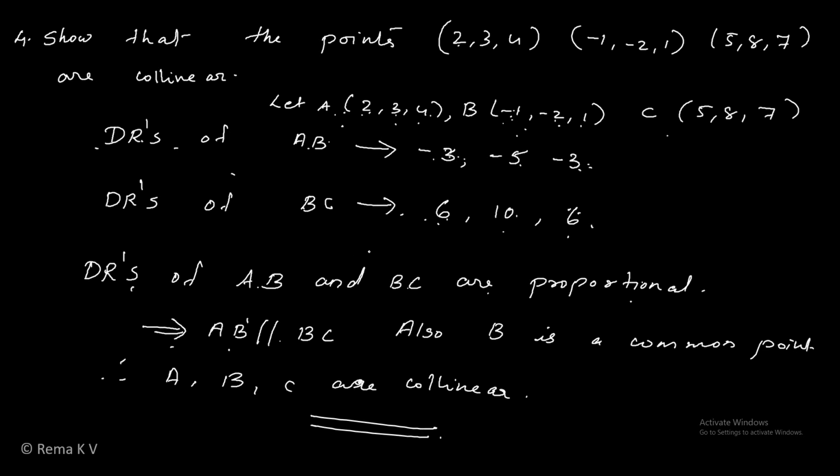We had already learned how to prove 3 points are collinear in vector algebra. There we find vector AB, vector BC and vector AC, then their modulus, and then AB plus BC is equal to AC. If it satisfies that condition, then also we can say that the points are collinear.